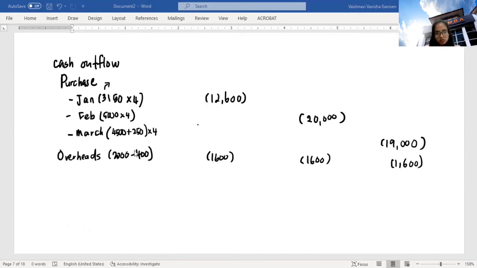It is 24,000. So that would be a cash outflow in March, non-current asset purchase, $24,000.